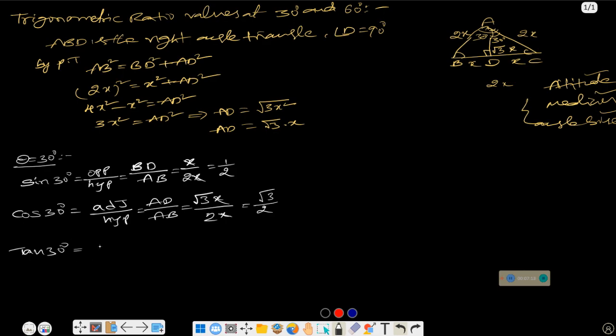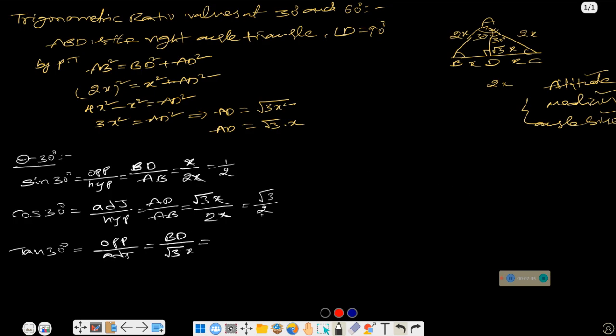Tan 30 formula: opposite side by adjacent side. What is the opposite of 30? 30 opposite is BD. And adjacent, what is it here? AD. That means root 3x. Adjacent means AD, I have written it directly as root 3x.